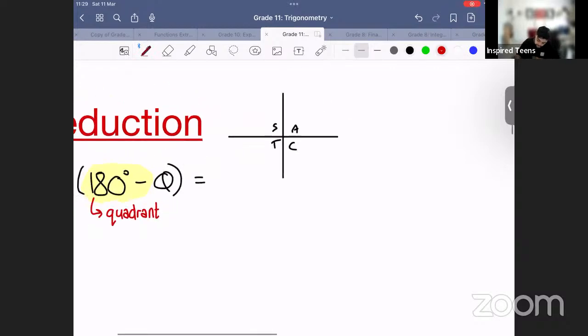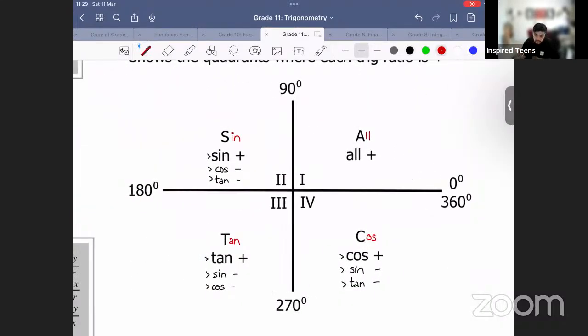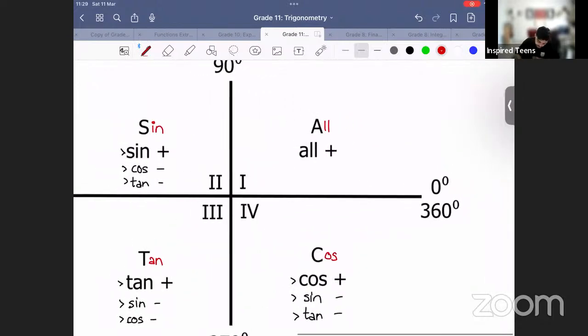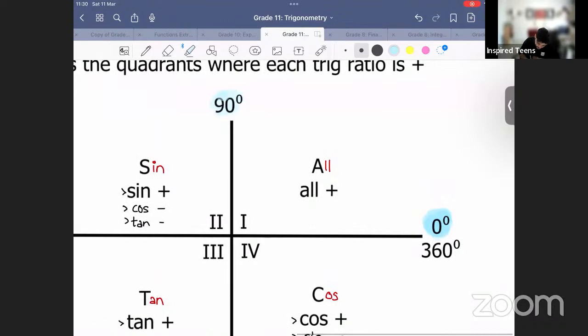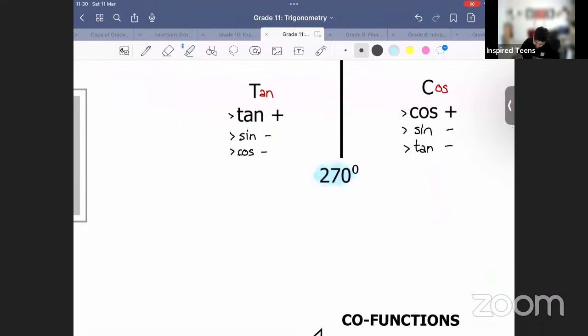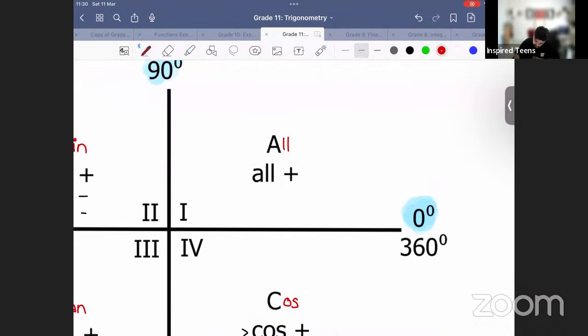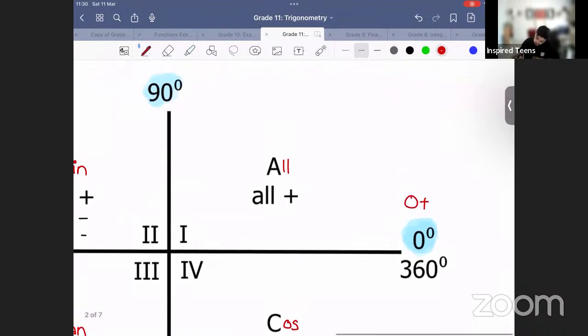Now, one thing we need to notice, and we didn't go through it here actually, is the reduction angles. So we start off here, and here is 0. We'll come back to 360. Here is 90, here is 180, here is 270. Above 0, we can say 0 plus.